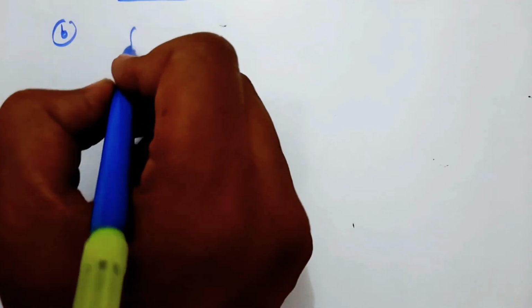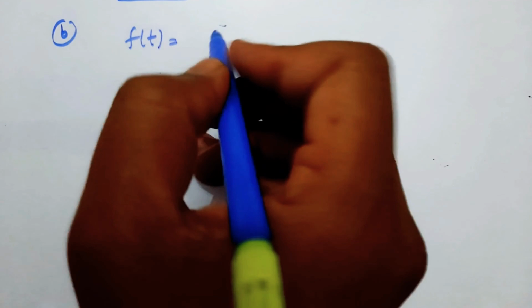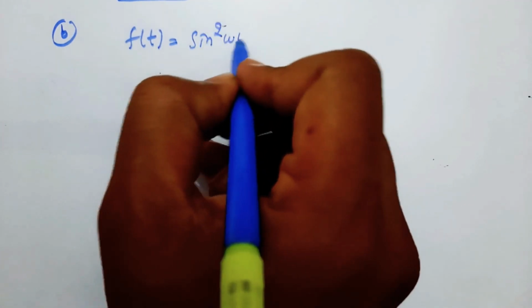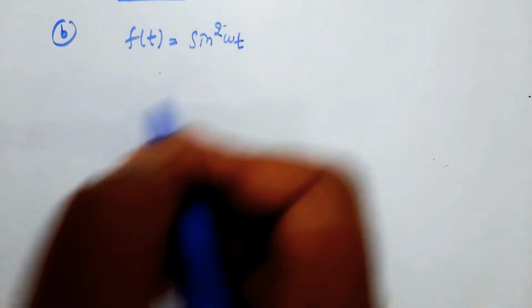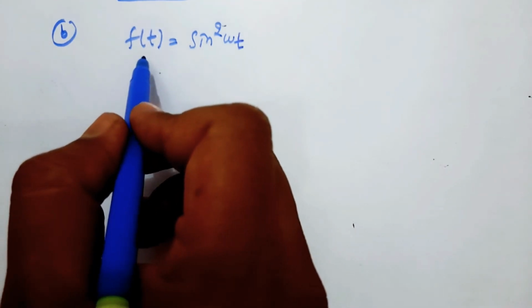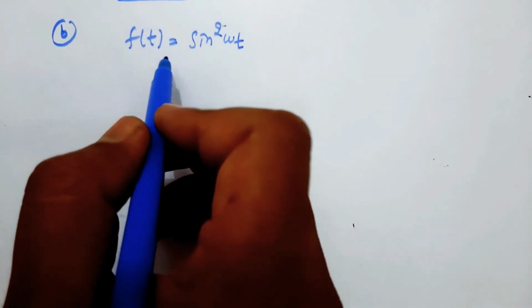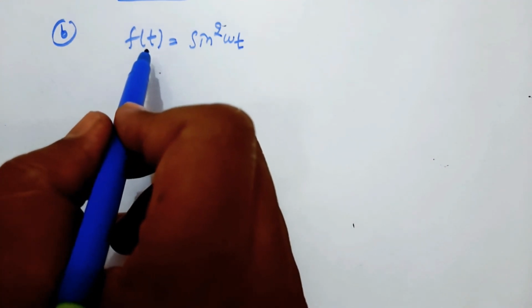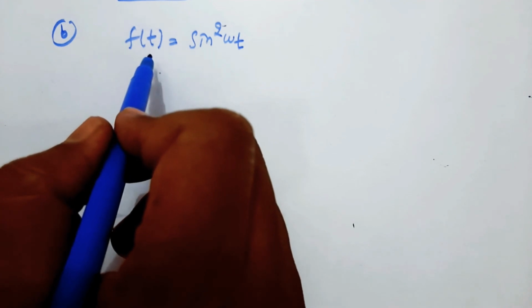See B. Here f of t is sin square omega t. If f of t is a sinusoidal function of time, then only f of t represents simple harmonic motion.